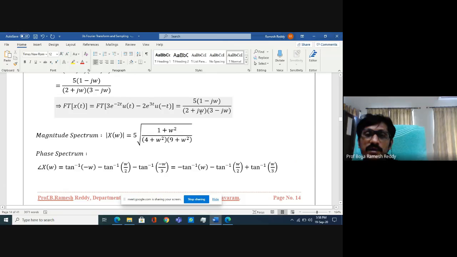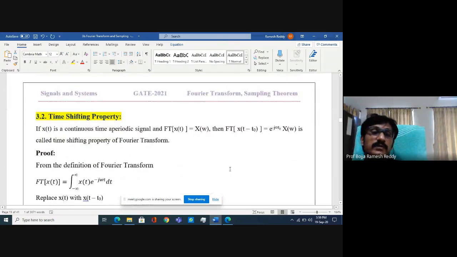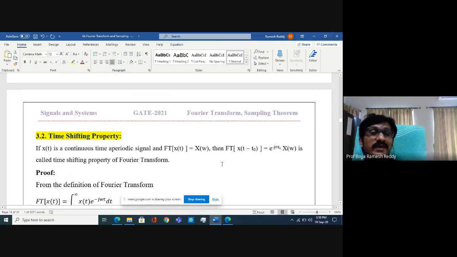These two terms are in the denominator, so put minus tan inverse ω by 2 minus tan inverse of minus ω by 3. You can leave this function, otherwise, if you want to simplify, use the formula already told, the tan inverse of a plus b formula. That's the end of linearity.